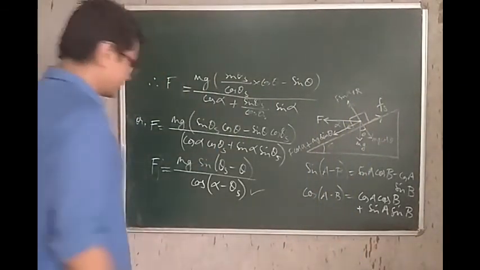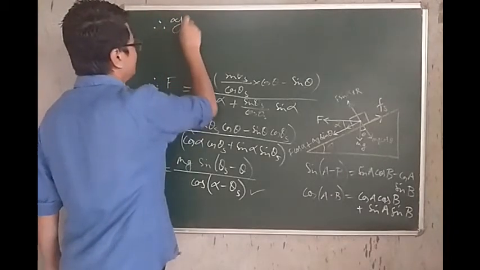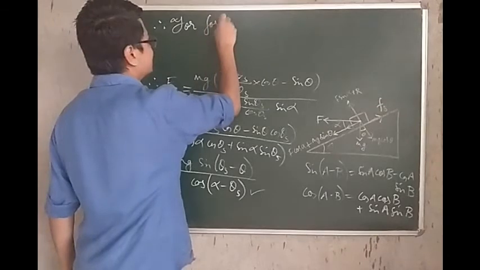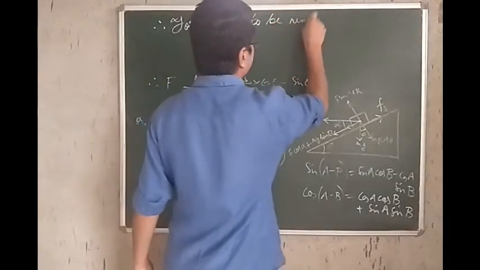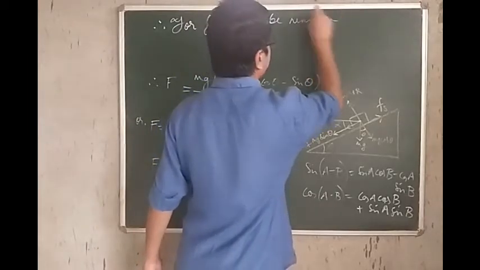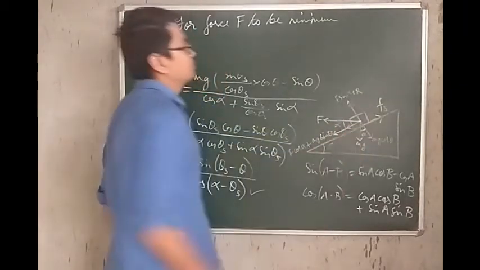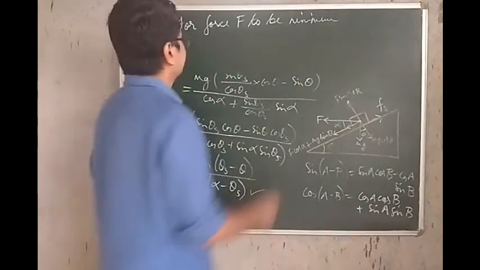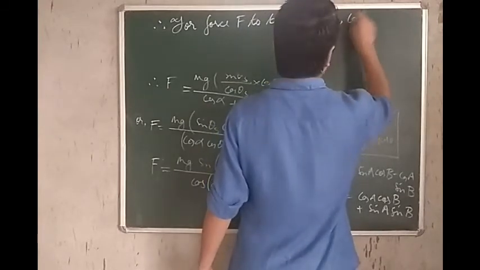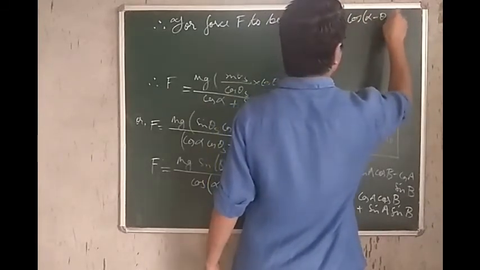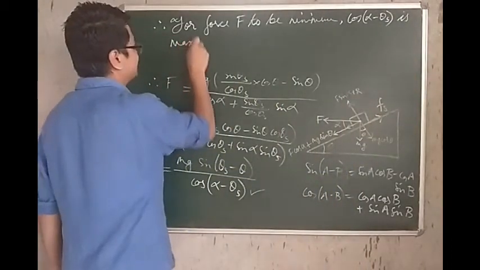So therefore, what we can conclude is, for force F to be minimum, the minimum amount of force that we need to apply to make the body move, cos of (α minus θs) has to be maximum.